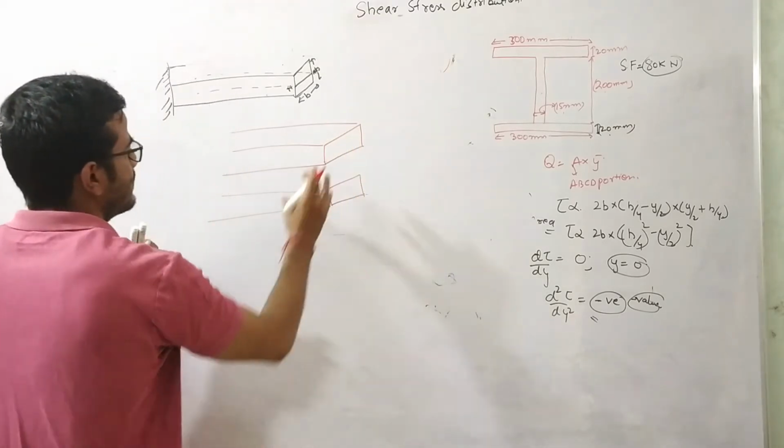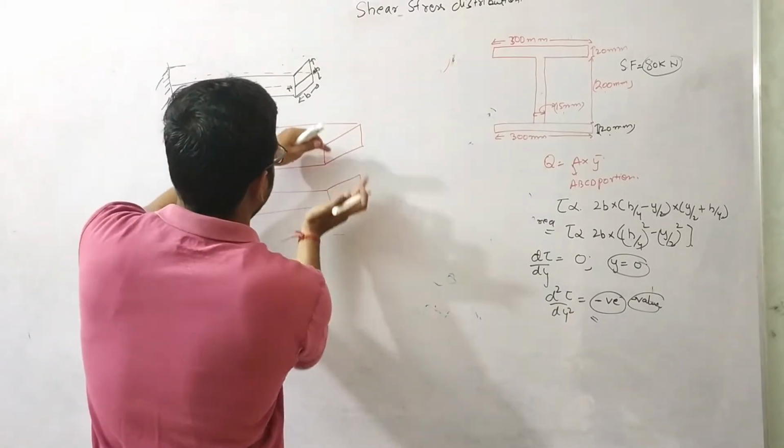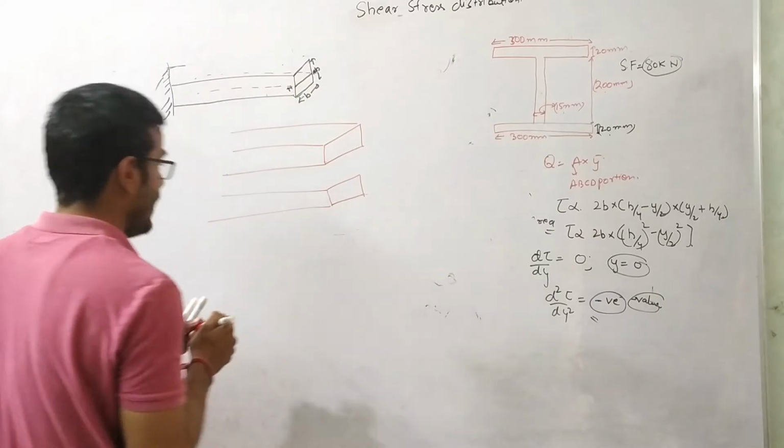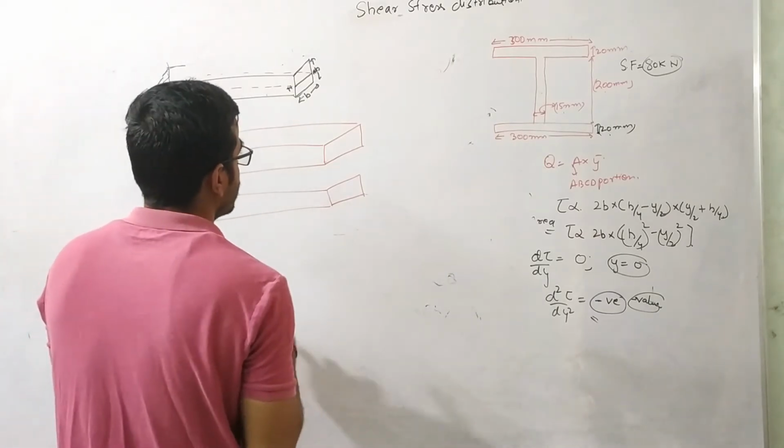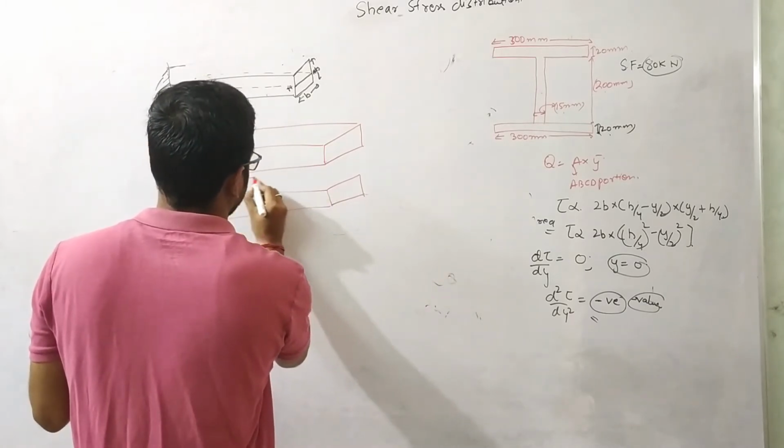This is an enlarged view. If I join this, it will be at neutral axis level. I'm showing how the shear stress varies.